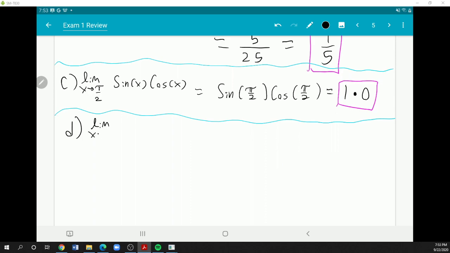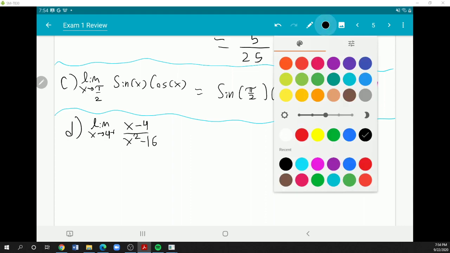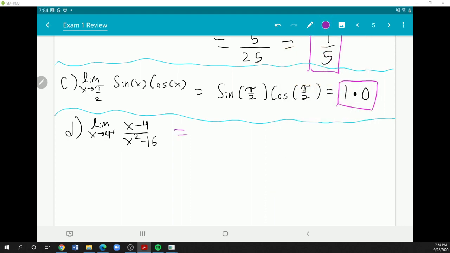The limit as x goes to 4 from the plus of x minus 4 over x squared minus 16. So here we try to plug in again and see what happens. That'll be in purple. So I plug in 4 on the left, or on top, I get 0. I plug in 4 on bottom, I get 0.